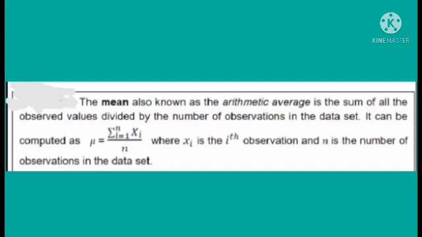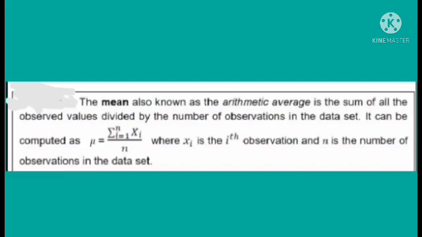It can be computed as mu equals the summation of Xi, i equals 1 to N, over N, where Xi is the first, second, third observation, and N is the number of observations in the data set. The mean is the most familiar measure of the center.